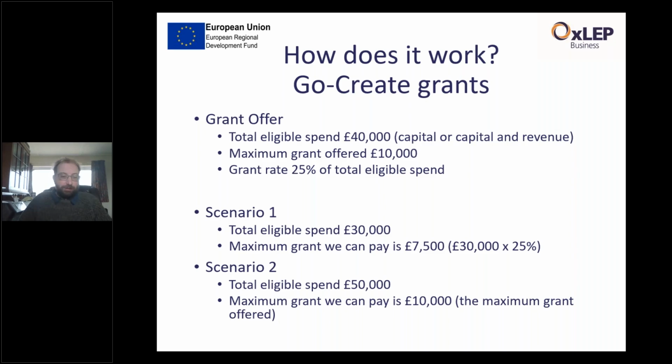In the second scenario, this is where you may overspend on your project. So against your agreed £40,000 project costs, you actually end up spending 50,000. In this case, the maximum grant that we can pay out is limited to the £10,000 because that's the maximum grant we've offered. Okay, so it will either be 25% of your eligible expenditure or the cash value of the grant offered, whichever is lower.